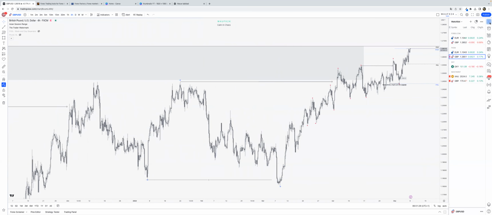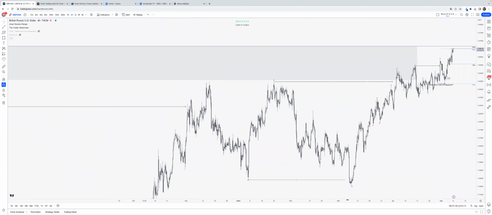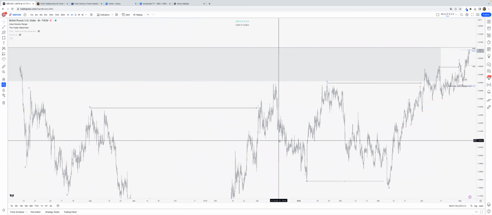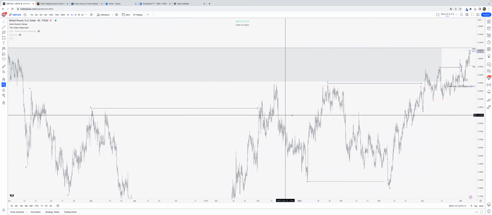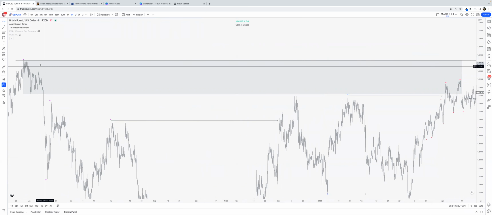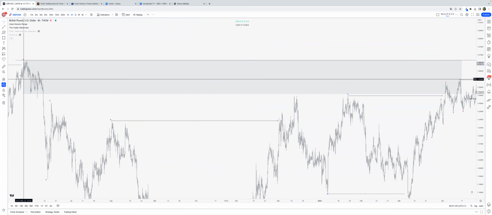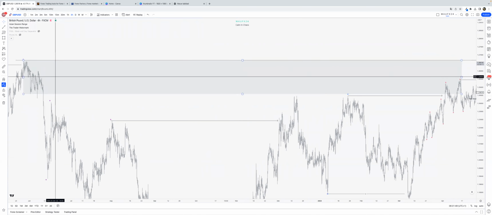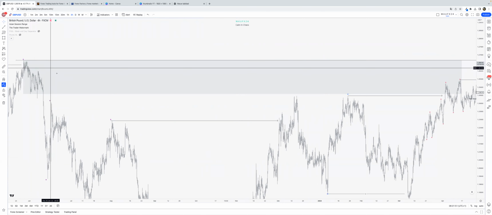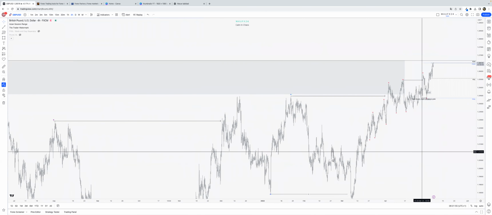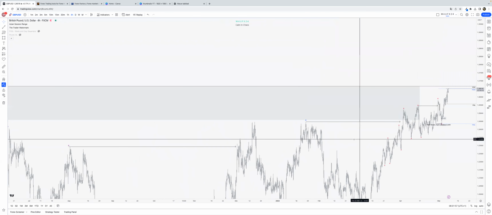Then check here. Yeah, we got this 4-hour PY still sitting above kind of the supply zone over here. So yeah, we can still turn around from that.